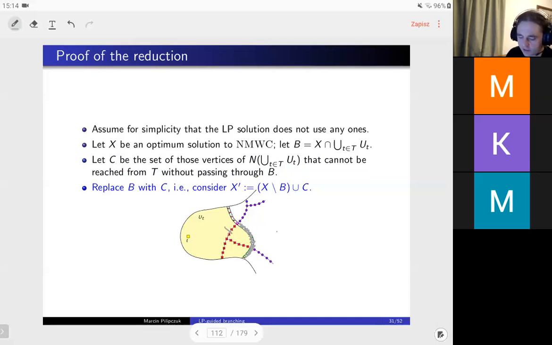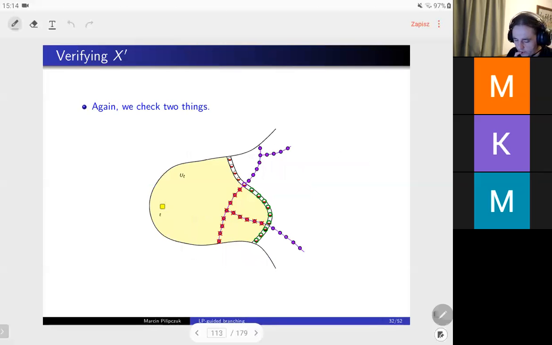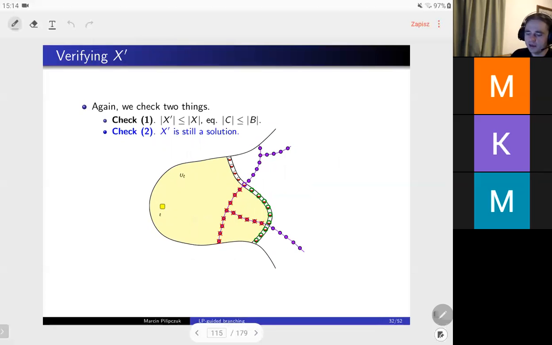Instead of deleting these guys, I'm deleting these guys, and I want to say this is still a solution to the node multiway cut instance I have, and it's not paying more. There are not more new guys than old guys, and it's still a solution. So we checked these two things. It's written here that we are not paying too much and that this is still a solution. And the second check is the same argumentation we had before.